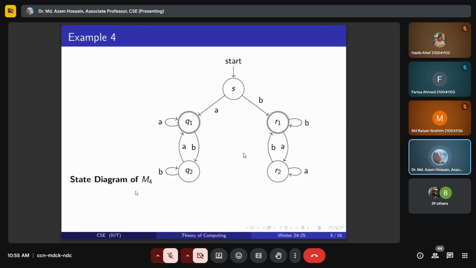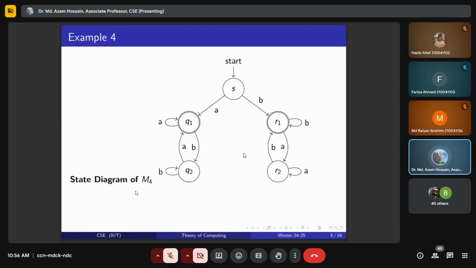So if some machine requires that strings start with the same symbol and end with the same symbol, then we can say that is the correct answer. And if I say write the strings from A, B that start with the same symbol and end with the same symbol, in this case only B is also a valid string because it starts with B and ends with B. Or only A is also a valid string because it starts with A and ends with A. All right.